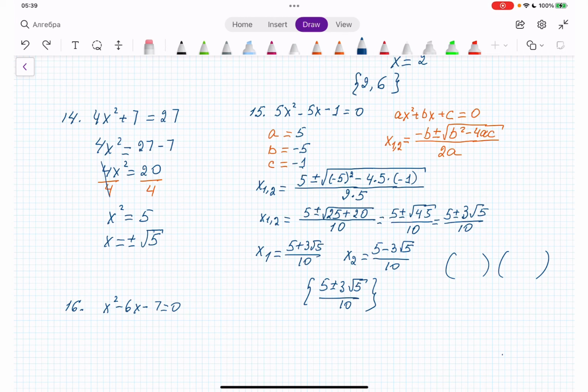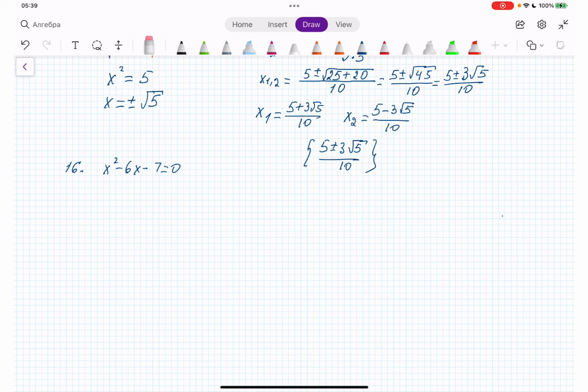Therefore, it's an easier way. I prefer this method because it's easier. You just plug in A, B, and C and get going instead of guessing. But if you prefer to solve with the method of factoring, well, by all means, be my guest.